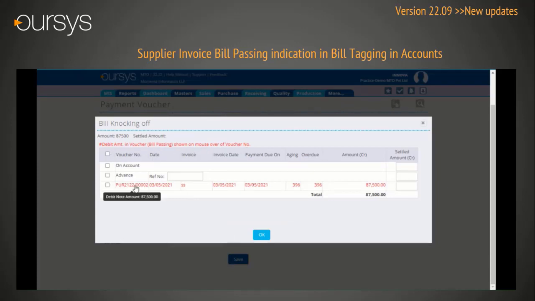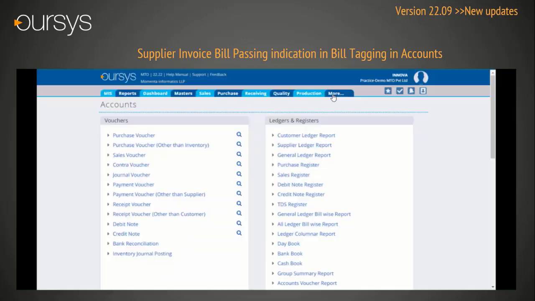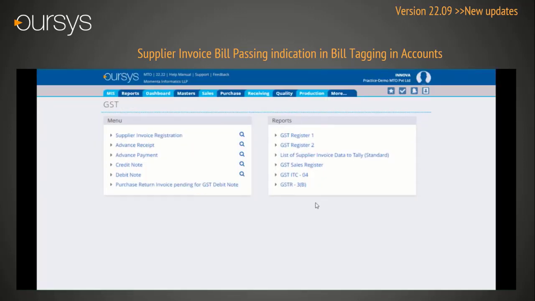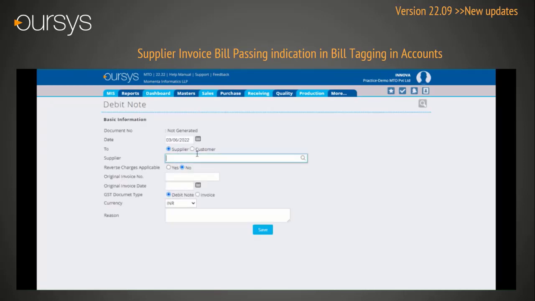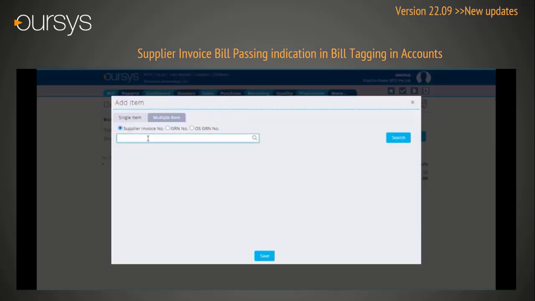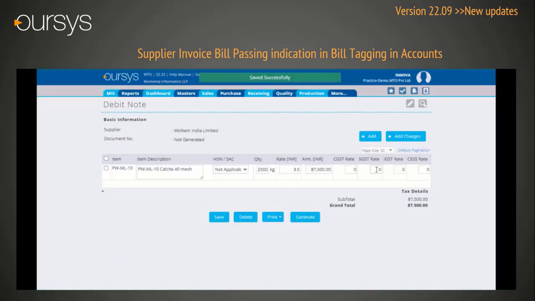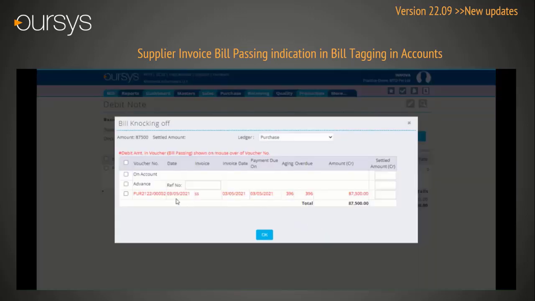The debit amount is involved at bill passing level. You can see how much amount is involved in the debit amount, so it helps him to create the debit note. You will see how we are tagging that bill in the debit note also.